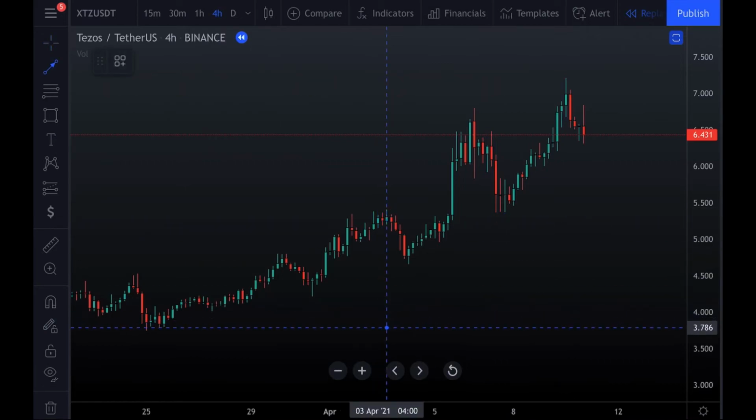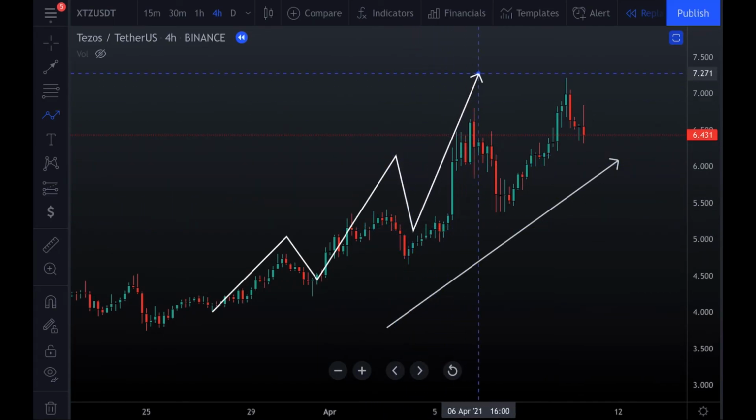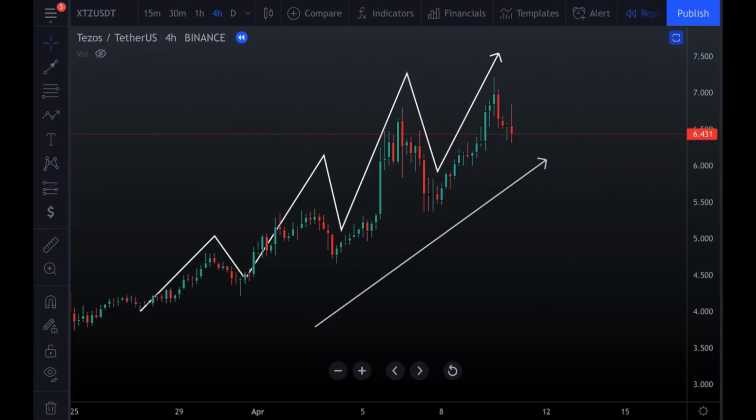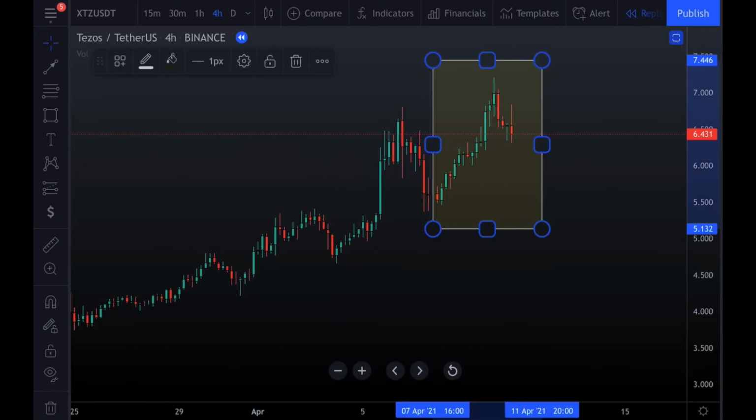Now, going back, let's say in this uptrend trending market, we have here a low, then a high, higher low, higher low, and a higher high. So, let's say you want to analyze this trend right here to find a pullback entry. We can use the Fibonacci tool.